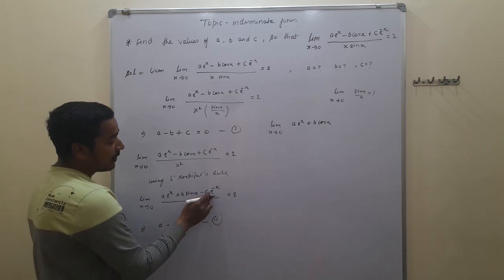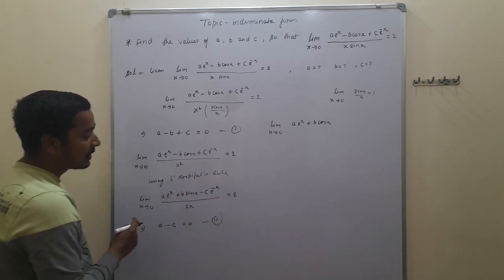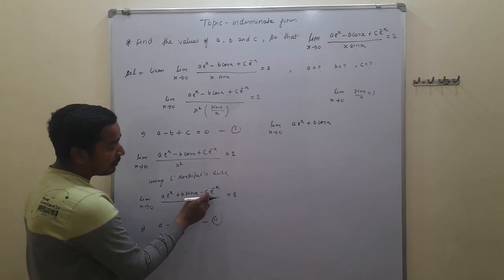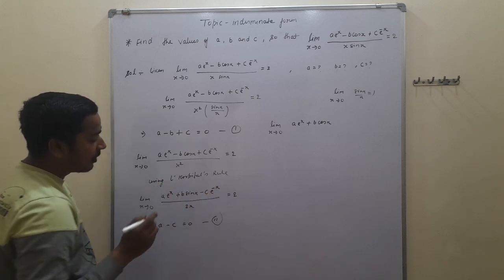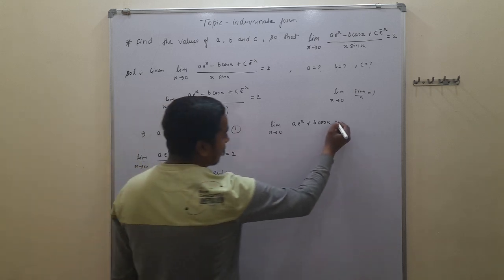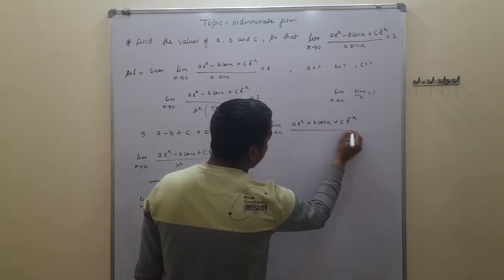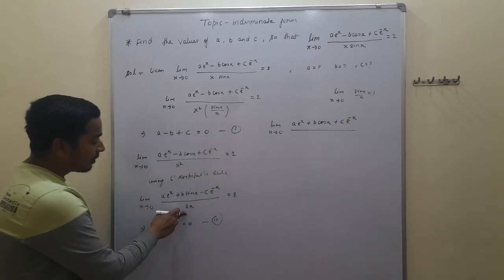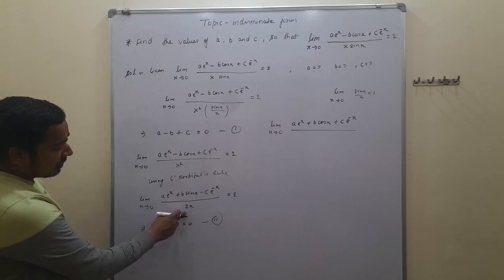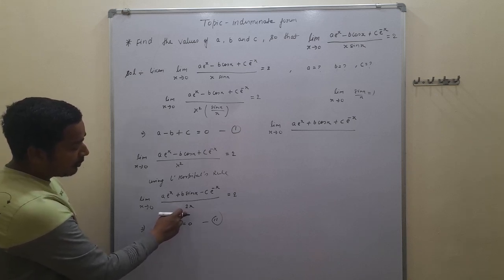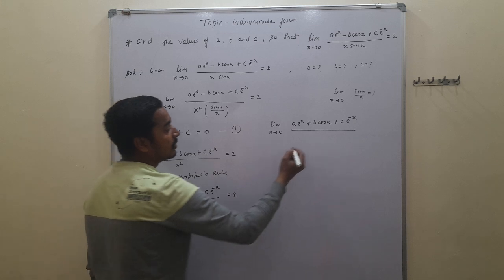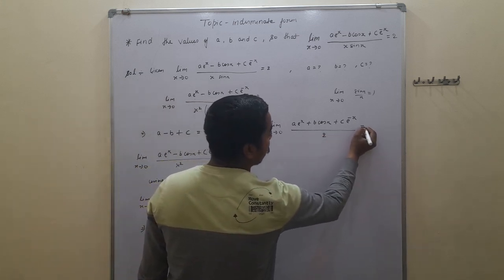Differentiating e to the power of minus x with respect to x gives minus e to the power of minus x. Here this minus is already present, so I have to write plus c e to the power of minus x upon, differentiating the denominator 2x with respect to x gives 2, and this is equal to 2.